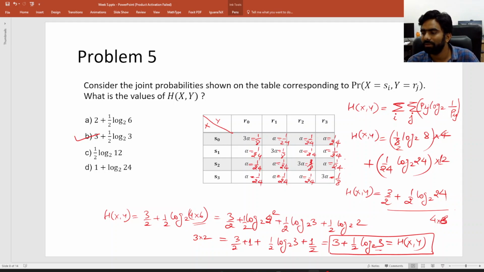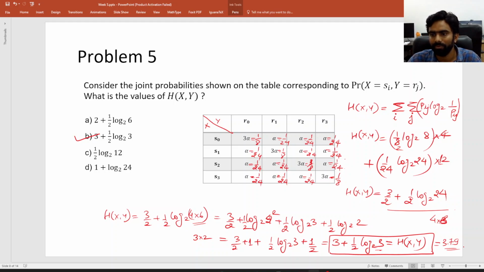Log of 3 divided by log of 2, divided by 2, plus 3, it will be 3.79. If you solve by the calculator, I think it is coming as 3.79. So confirm this.